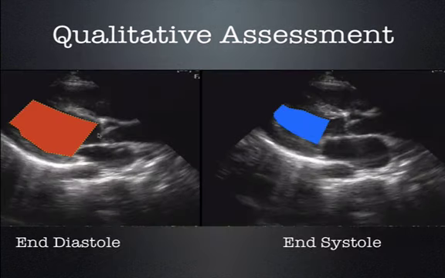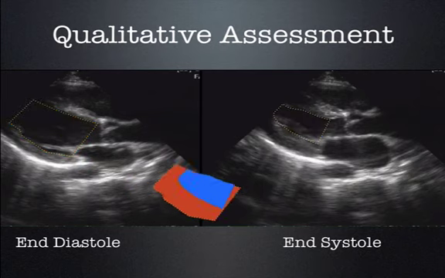All right, so I've frozen the two images here, and I've mapped it out for you. This is end diastolic volume, and this is end systolic volume. So if you overlay these, there's approximately a 50% change in volume. So this is a roughly 50% ejection fraction. If I'm off a little bit, it really doesn't matter clinically.